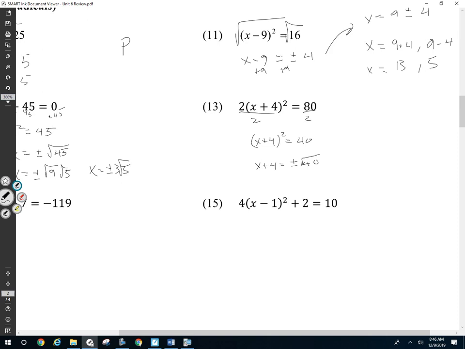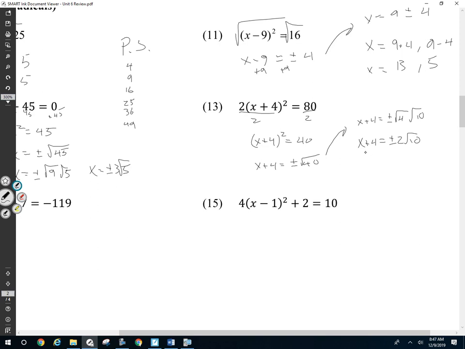Remember, perfect squares are 4, 9, 16, 25, 36, 49, etc. Biggest perfect square that goes into 40 is 4. So I'd write this as x plus 4 equals plus or minus root 4 root 10. That's 2 root 10.